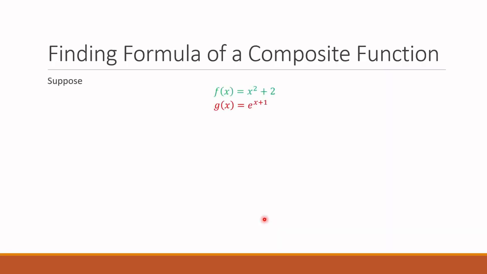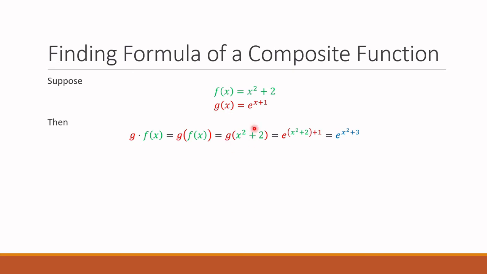Finding the formula in a composite function is usually pretty straightforward. Let's just use this example and it should be pretty clear. Suppose I want to find the formula of gf. The bracket form will be helpful in this case, so I'll write it in bracket form and replace f(x) by the formula, because the formula just represents the output of f. I just put it inside here. This output will go straight into the machine g.